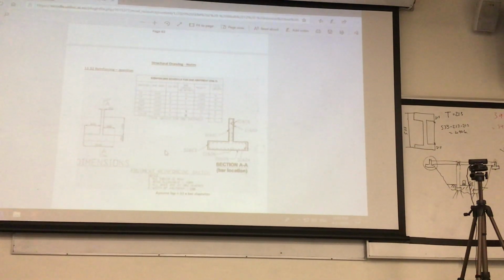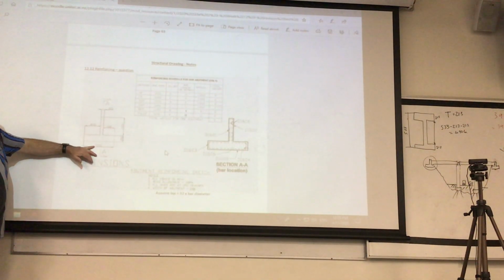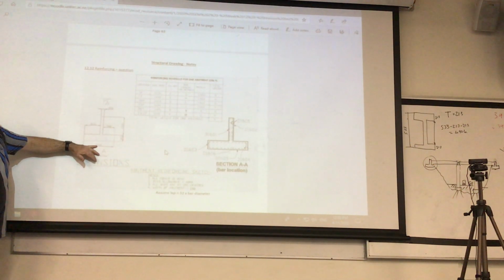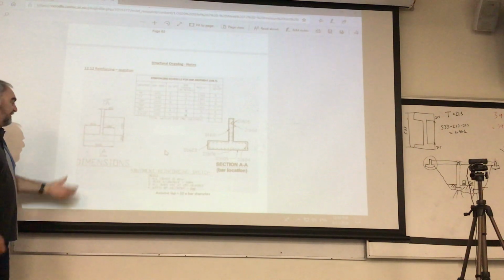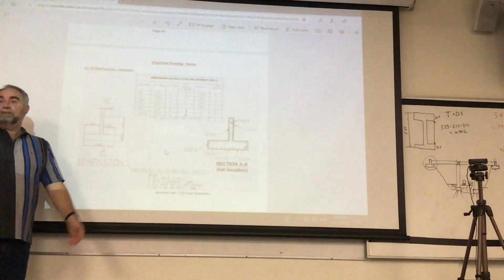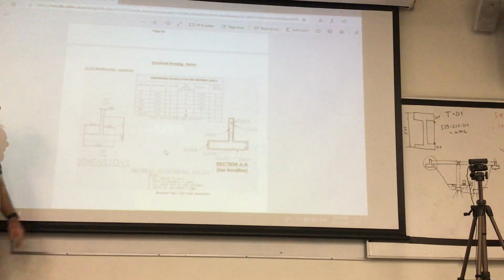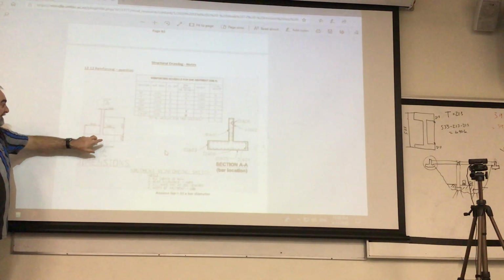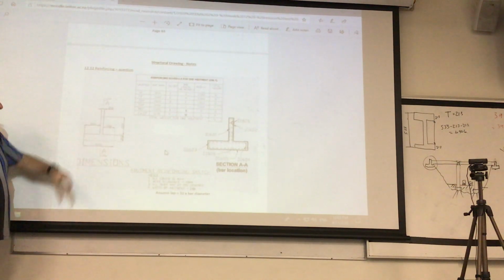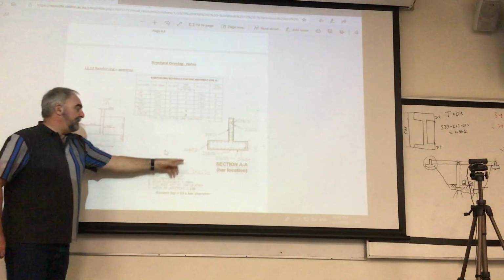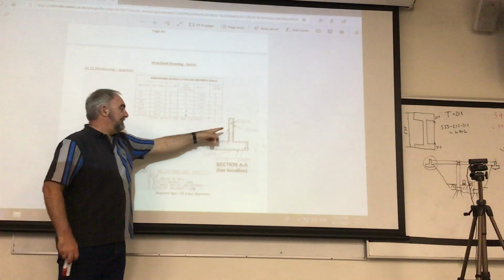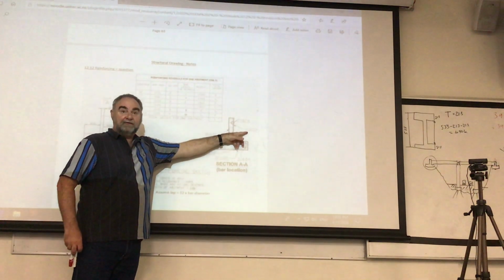So you're going to be given different dimensions here. It's 1550 there on the practice one. That could be 2 metres, could be 3, could be some completely different number. Different numbers here, different numbers here. And be careful, because the 16 is obviously the diameter of the bars.